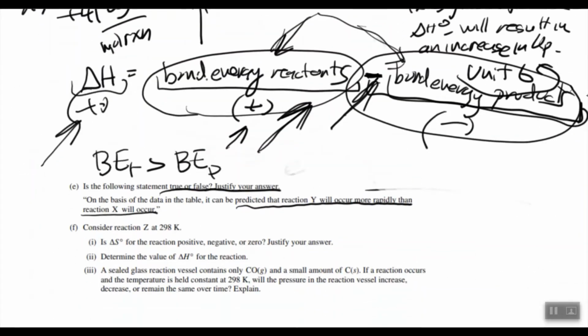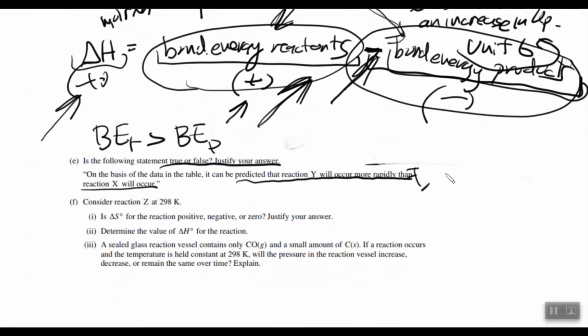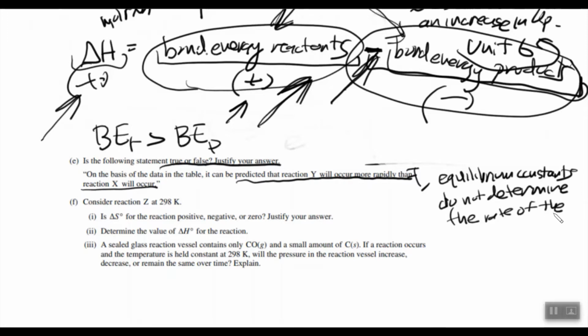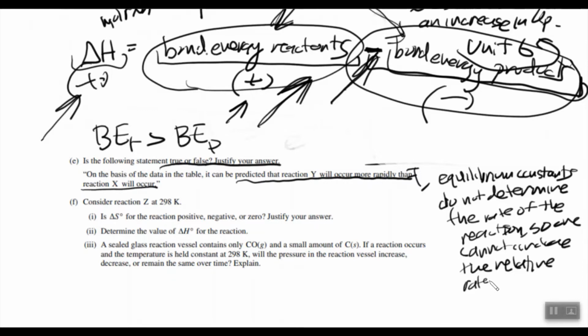Who knows? So this is actually false because equilibrium constants do not determine the rate of the reaction. So one cannot conclude the relative rates based on the table.